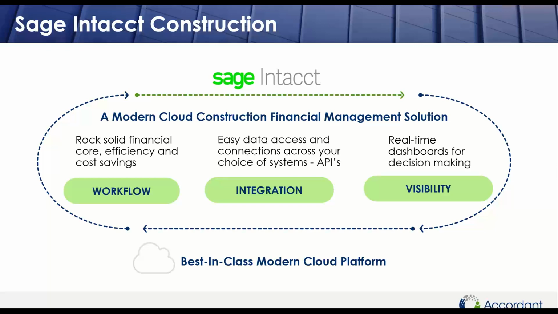Open APIs make interacting with data not only possible, but relatively simple. Every object in Sage Intacct has an open API. So the opportunity to connect to ADP, Procore, Bill.com, or a host of other very successful, really pointed solutions is here today.